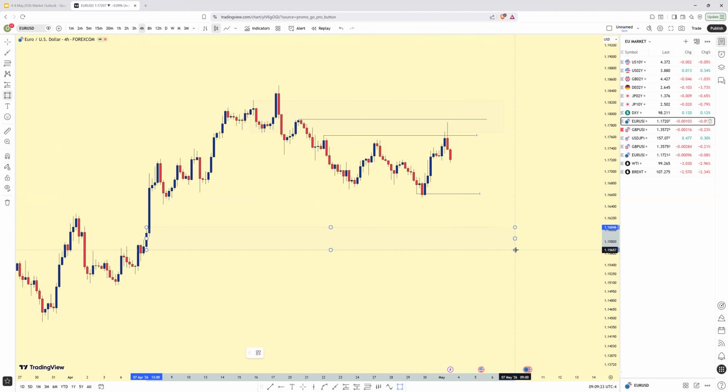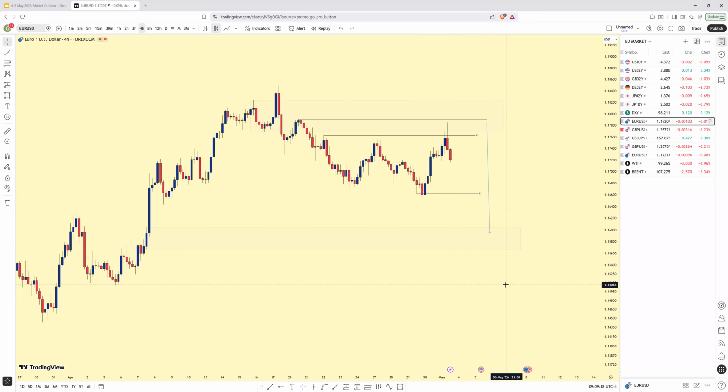I'm expecting EURUSD to sell into the zone, honestly. Yeah, this is a valid area to sell into if we have enough macro catalyst of volatility.